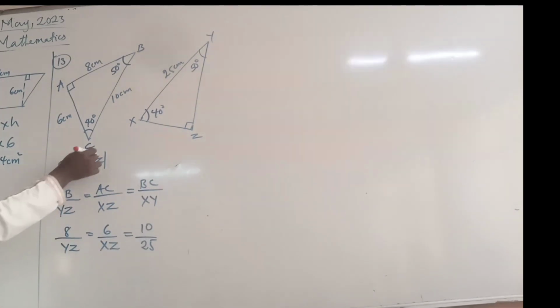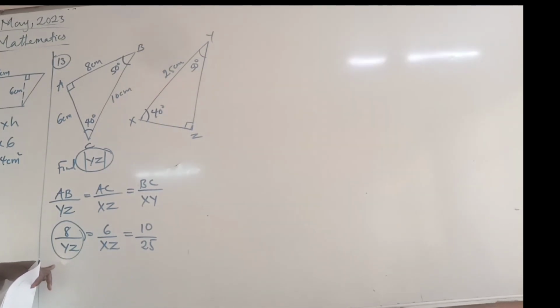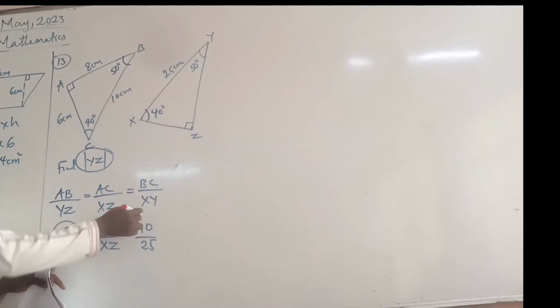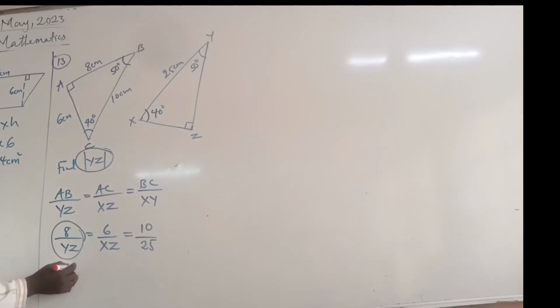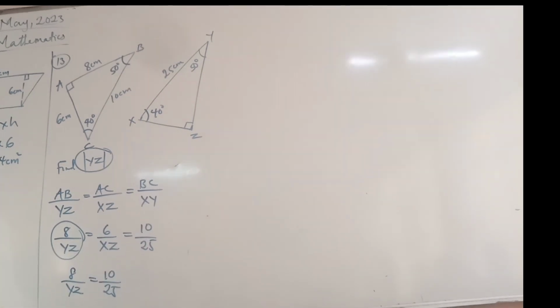Don't forget, we have to find what? YZ. Which one has YZ? This fraction. So we need this fraction and a fraction that is complete. Which of the remaining two fractions is complete? The third one, 10 over 25. So we combine them. That will be 8 divided by YZ equals 10 divided by what? 25. So we can use this.